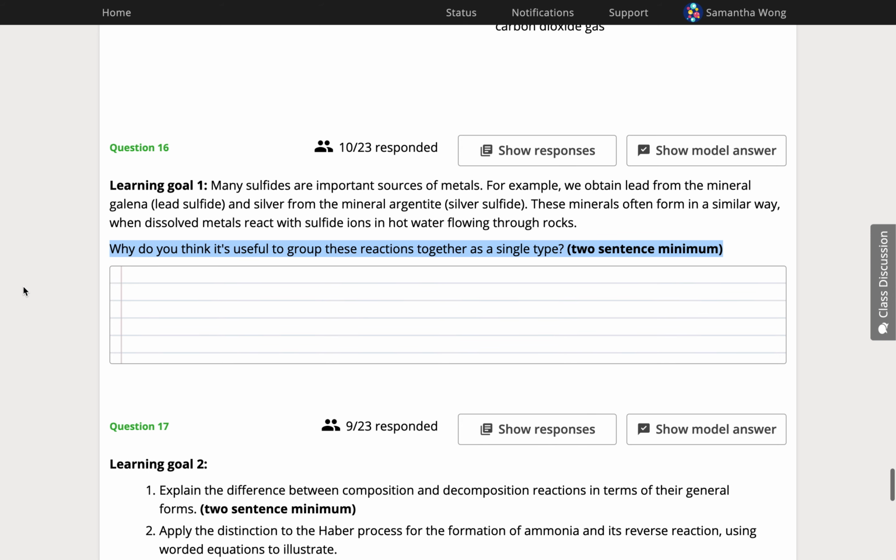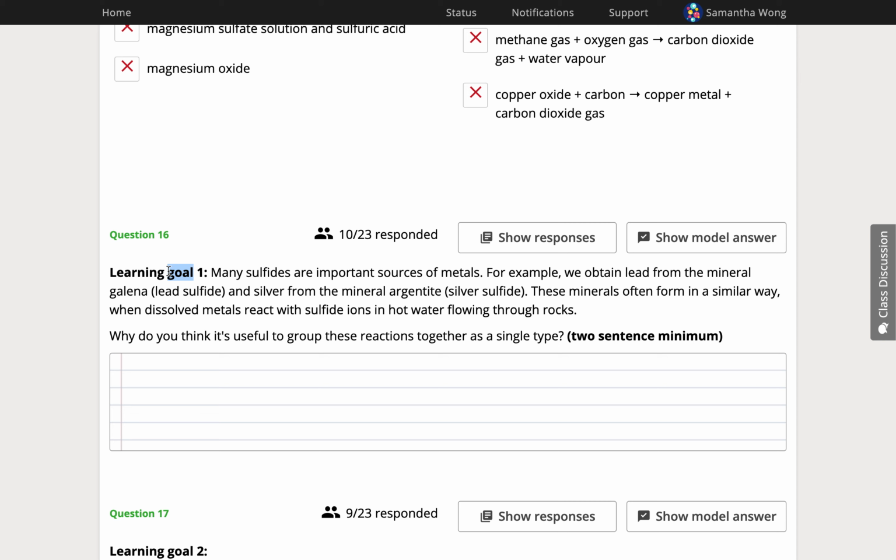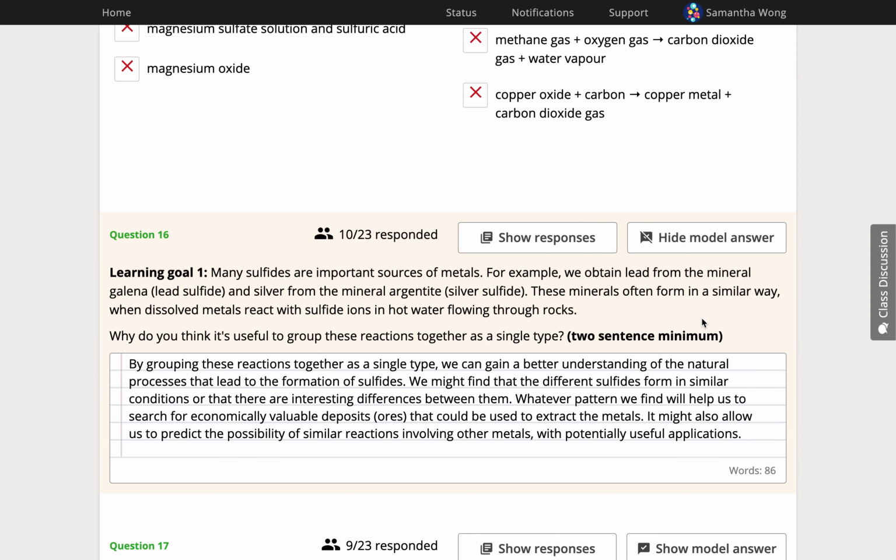So, what we're looking for in question 16 here is that by grouping these reactions together as a single type, we can gain a better understanding of the natural processes that lead to the formation of sulfides. We might find that the different sulfides form in similar conditions, or that there are interesting differences between them.